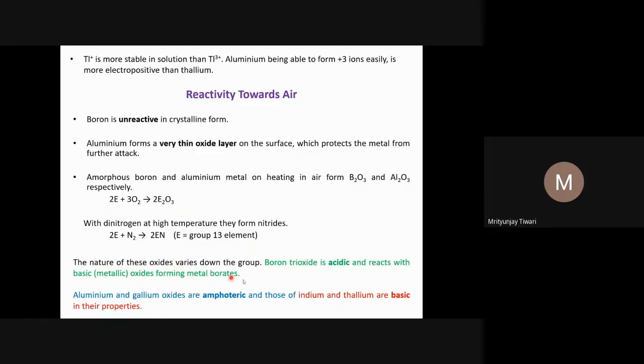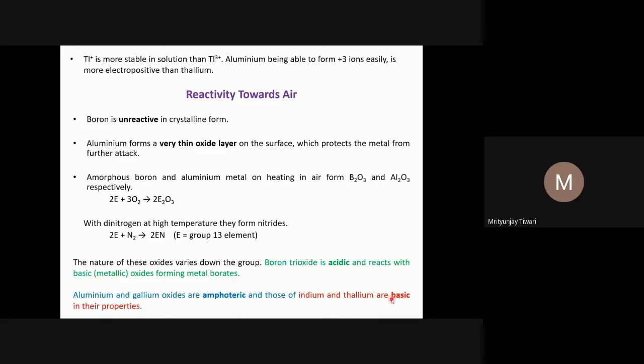The nature of these oxides varies down the group. Boron trioxide is acidic and reacts with the basic metallic oxides, forming metal borates. So boron oxide is acidic, so it will only react with bases. It will not react with acid. Aluminium and gallium oxides are amphoteric, which means they will react with both base as well as acid.